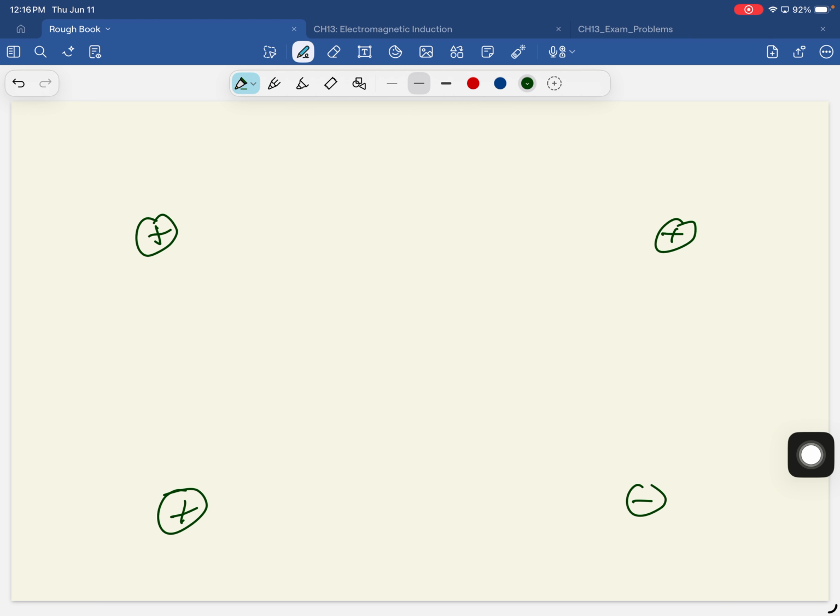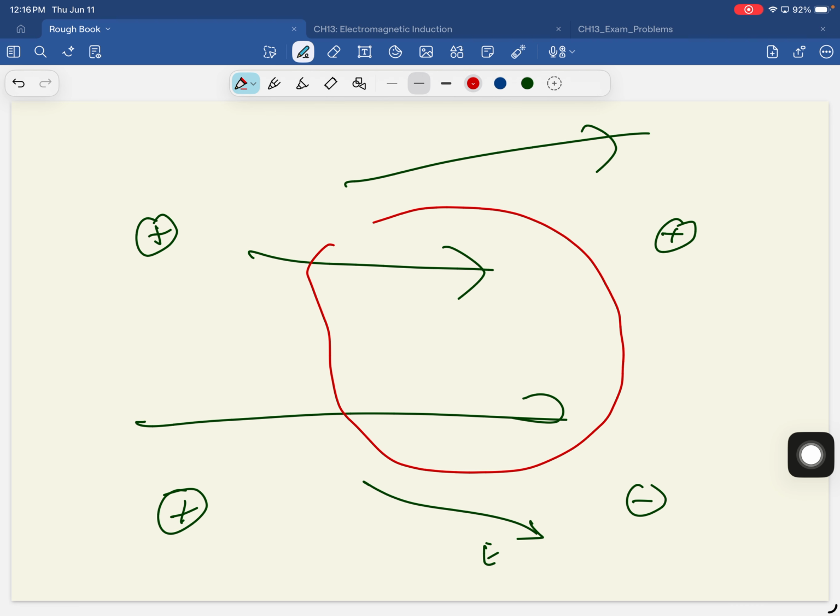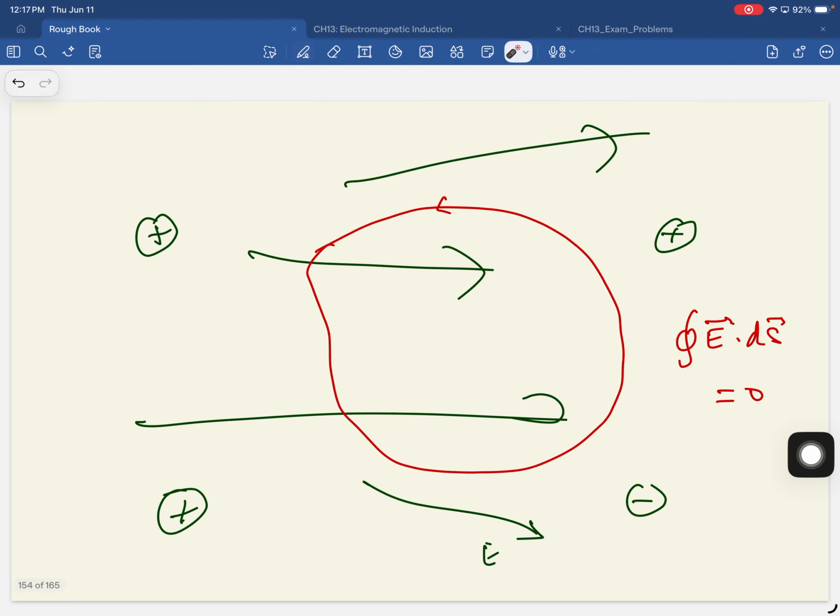Here's a bunch of charges that are at rest. They produce an electric field. Let's say here's the electric field in this region. For this electric field, if you take a line integral of it around any loop, you get 0. This electric field is called a conservative electric field.